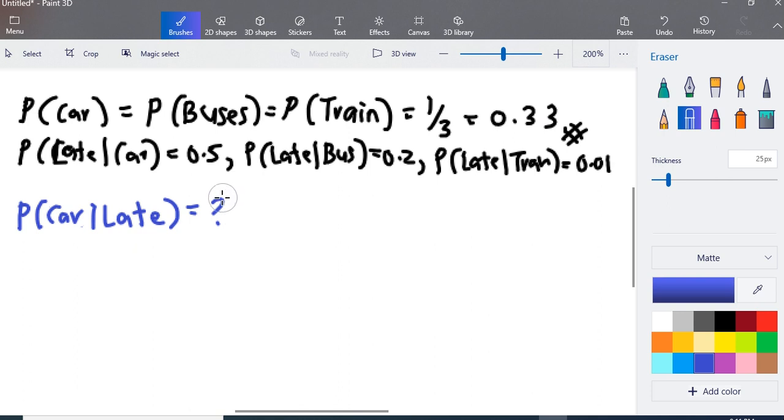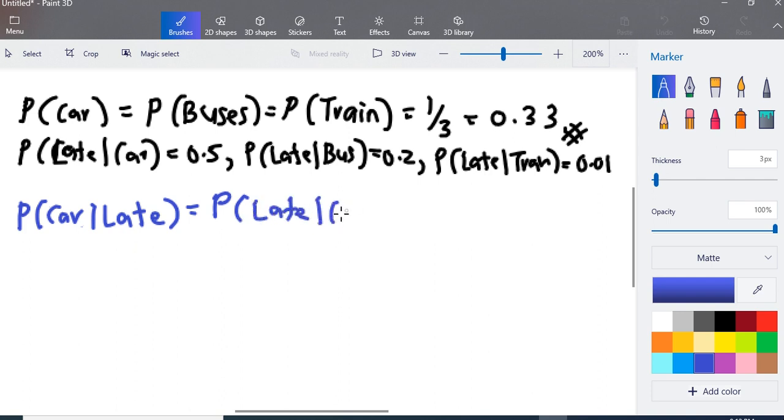First of all, of course, you need to write down the formula so that you understand what information you are missing. So P(car given late), by using Bayes theorem, is P(late given car) times P(car) divided by P(late).